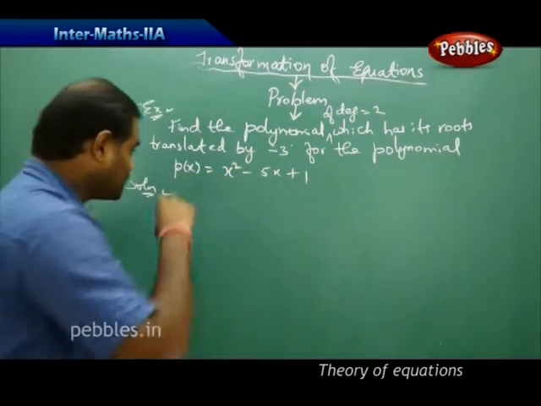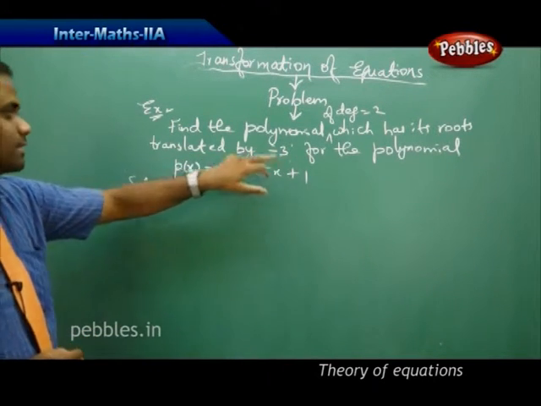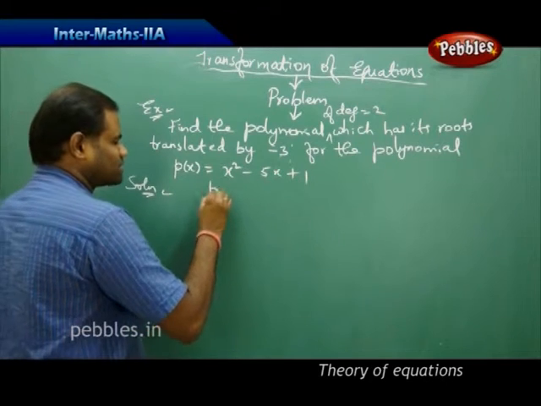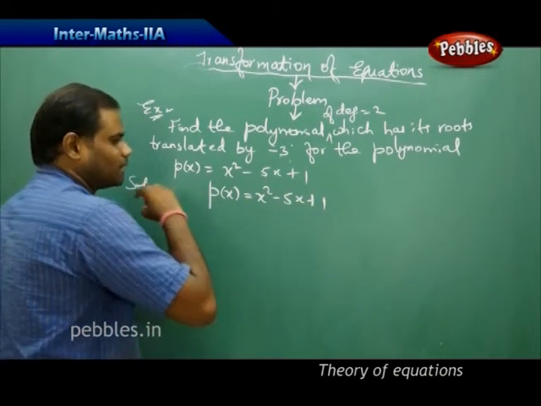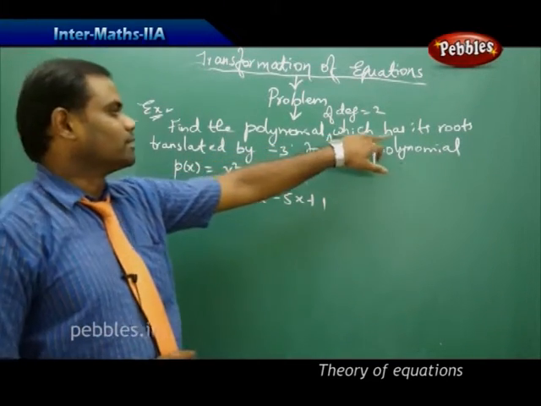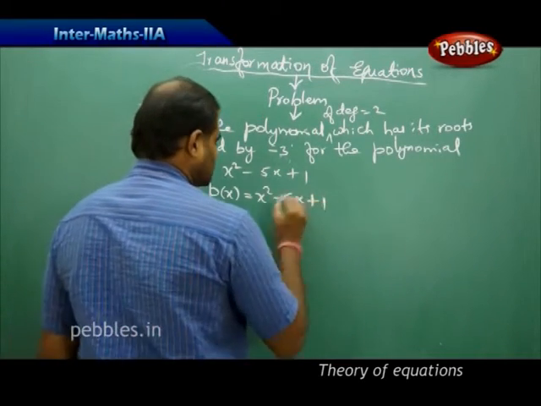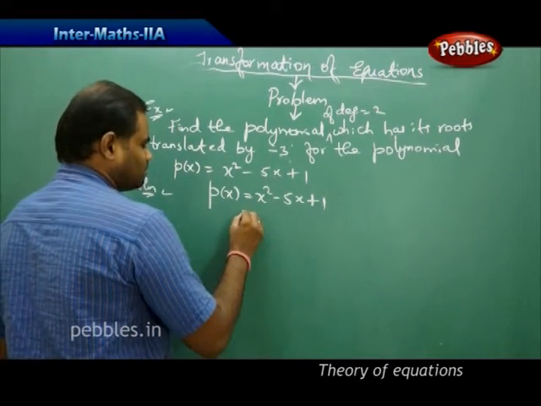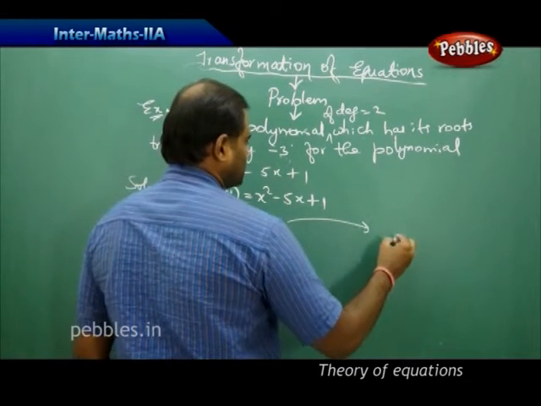Now in this problem, I have a translation done by -3 units. That is, the polynomial p of x, which is given to be x square minus 5x plus 1, is translated by -3 units where its roots are translated. Therefore, the roots of this, alpha 1 and alpha 2, are translated with -3 units.